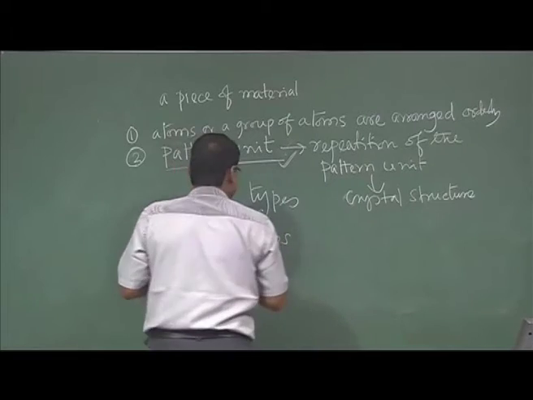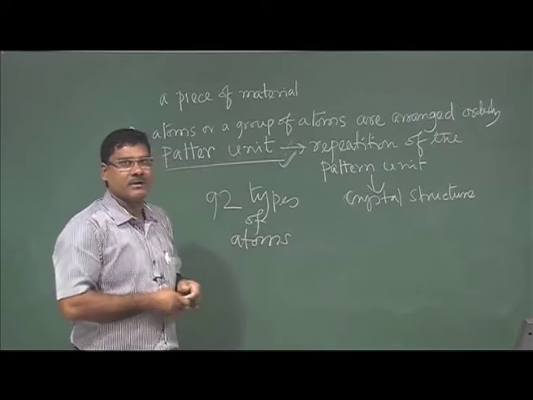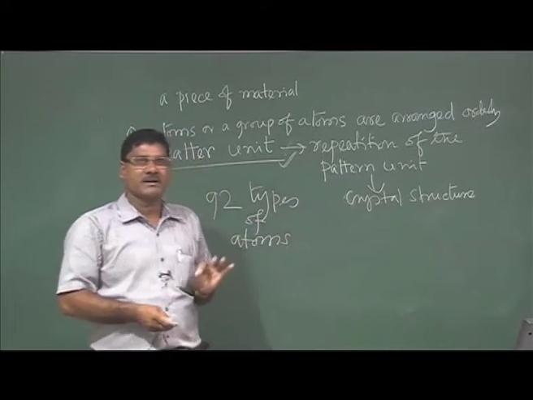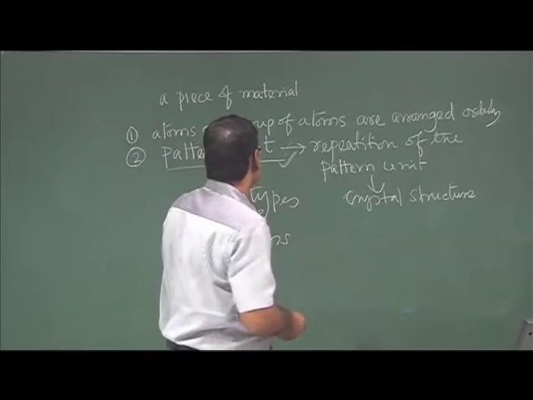Thousands and thousands, millions and millions of materials exist in the world, but all are made of only 92 types of atoms.